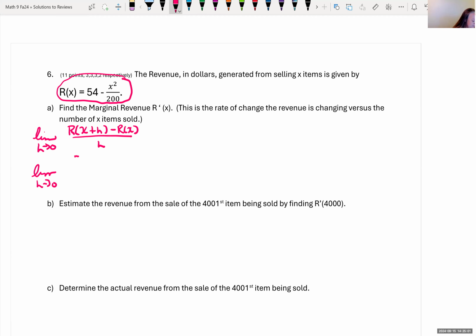So here I have 54 minus x plus h, and then that quantity is squared, and that x plus h quantity squared is over 200, minus my r of x function. So I need to subtract everything off, so put parentheses around that whole function, 54 minus x squared over 200, all over h.